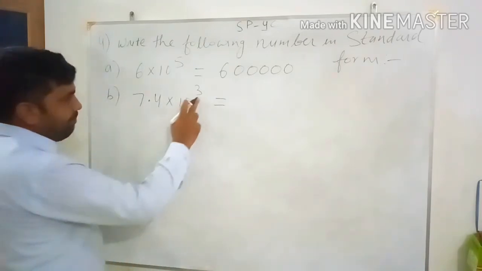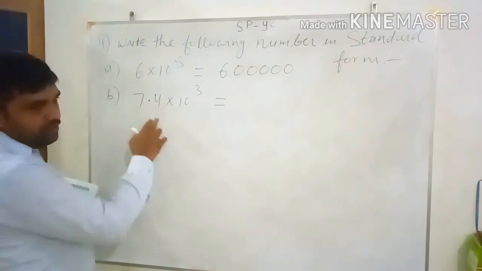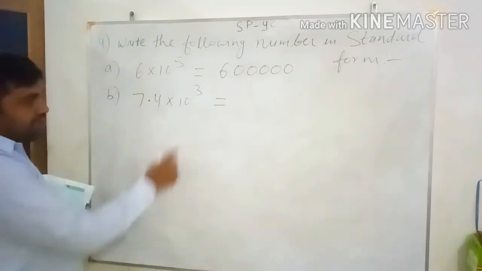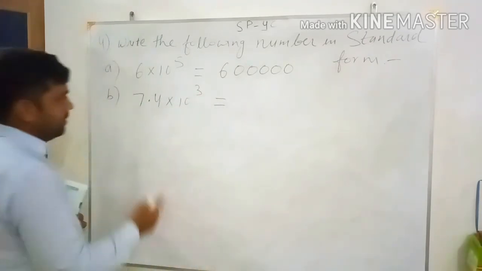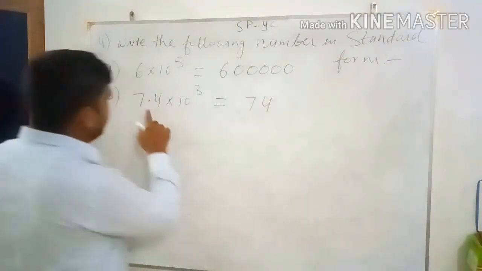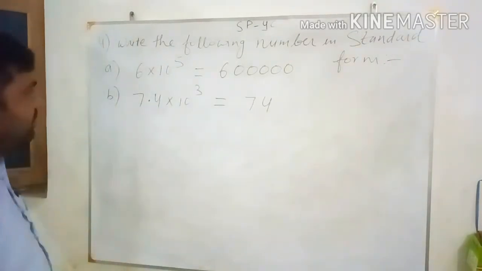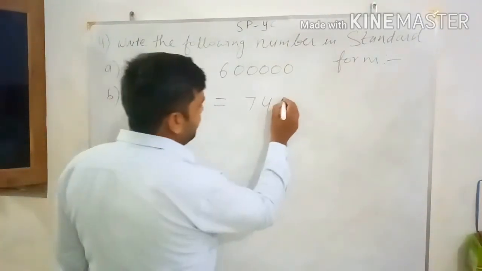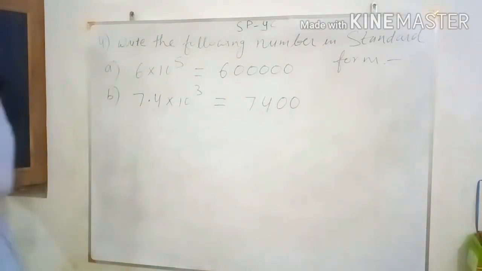Here the power of 10 is 3, so the decimal will shift 3 places right. After the decimal there is only 1 digit, and we have to shift 3 digits, so add 2 more zeros. That is 7,400.